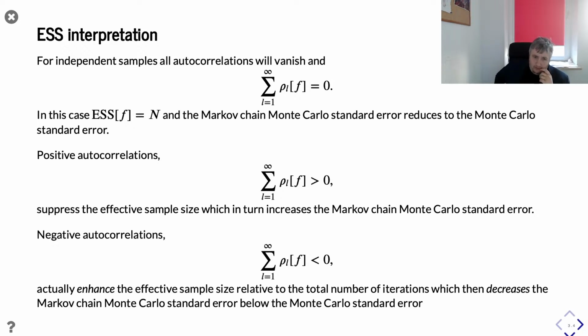In certain situations, we can also observe negative autocorrelation, which can enhance the effective sample size, and that can actually be beneficial. Unfortunately, it is unreliable to create Markov chains with negative autocorrelations.